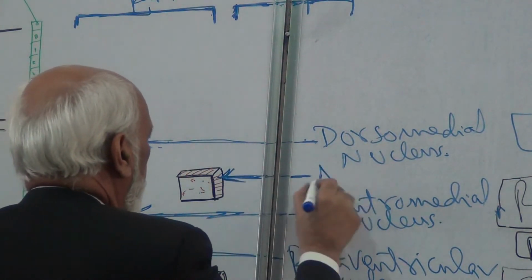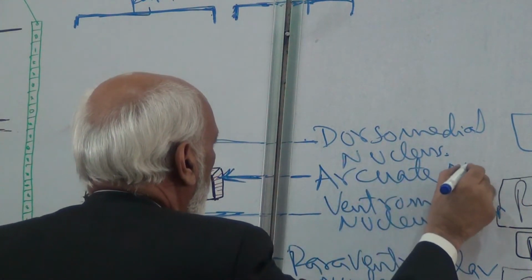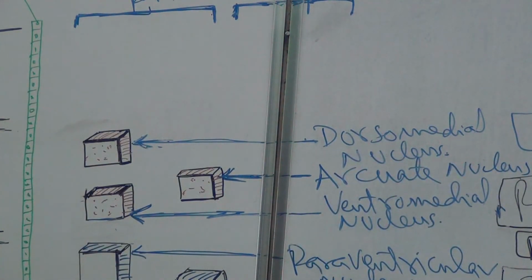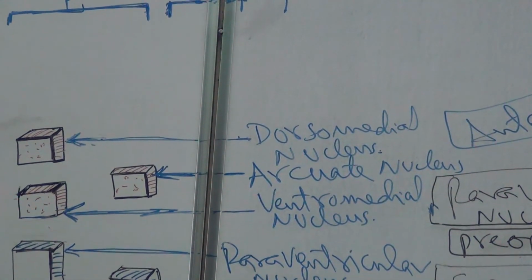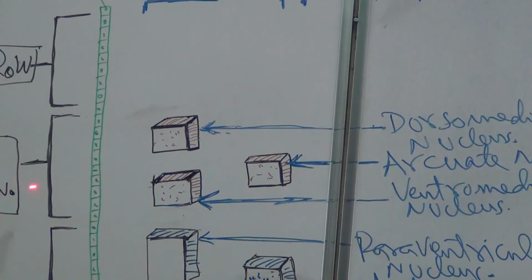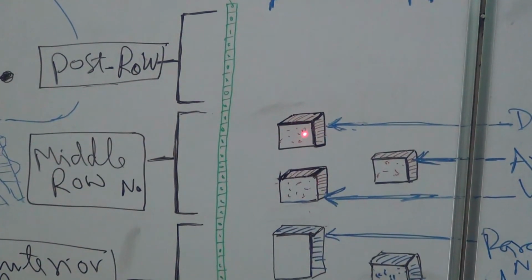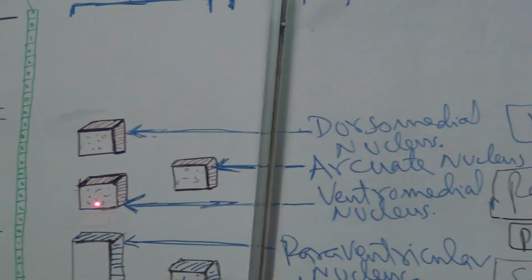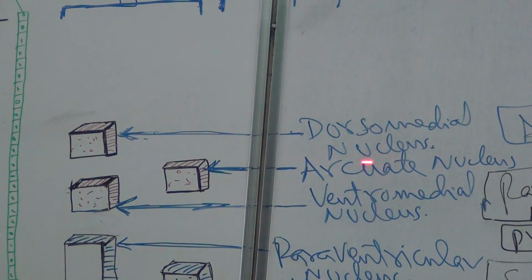And here is arcuate nucleus, also known as the infundibular nucleus. So these are the nuclei in the middle row of hypothalamus. Dorsomedial nucleus above, ventromedial nucleus below, and then on the lateral side is the arcuate nucleus.